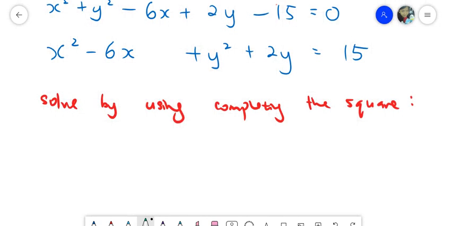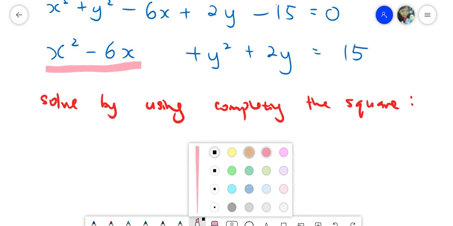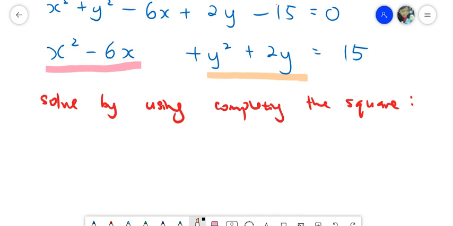So back to this. Obviously, we have the one with x and the one with y. So we solve one by one first. Let's solve for the x. From here, obviously, your a is 1, am I right? Your b is -6.